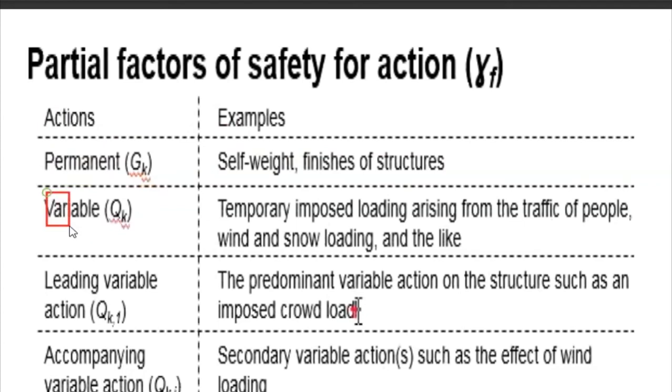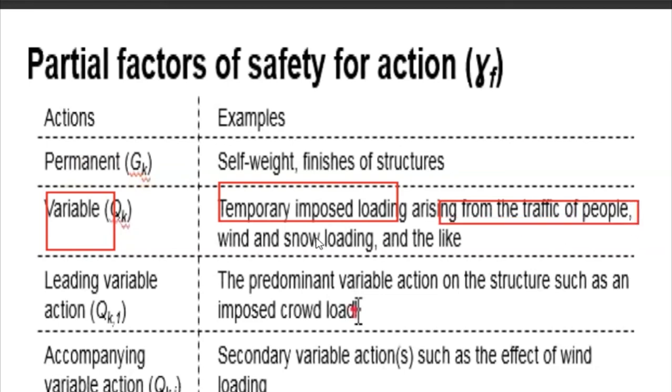The variable load, an example of variable load is imposed load arising from the traffic of people, or the wind load, or the snow load, or similar values. And this one in BS we say the live load, but in Eurocode we call it the variable load.